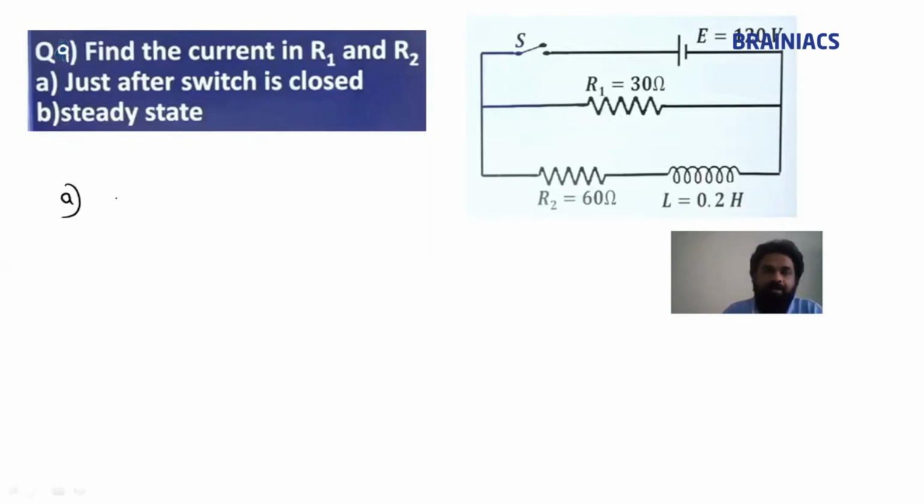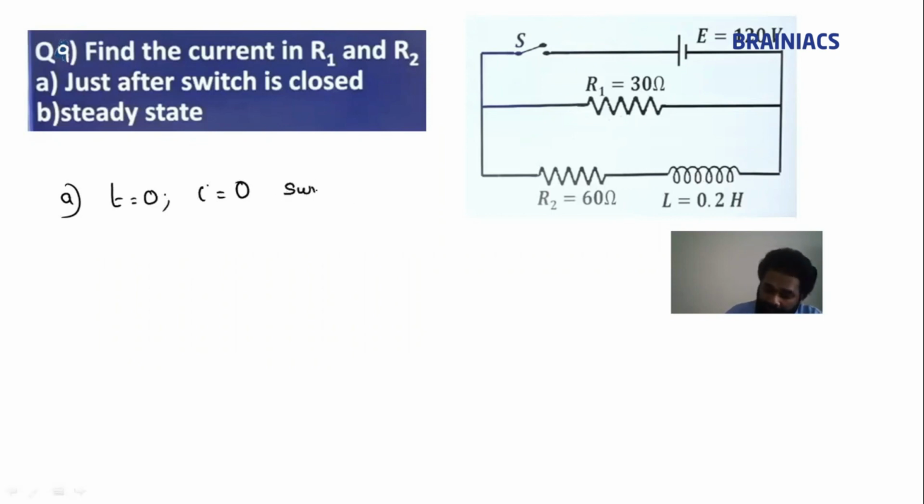A, immediately after the switch is closed, what will happen? The inductor will behave like an open circuit. So initially at time t equal to 0, there was no current in the circuit.